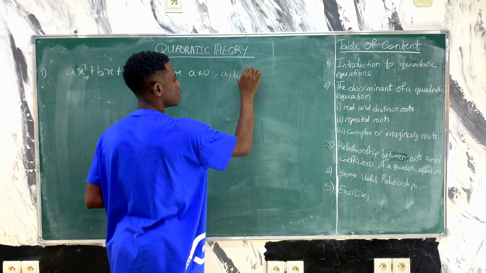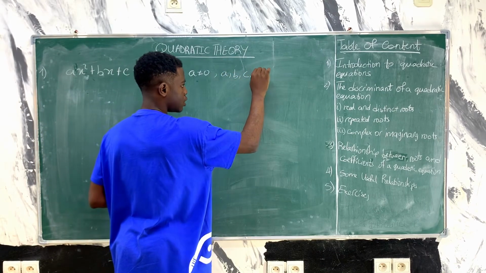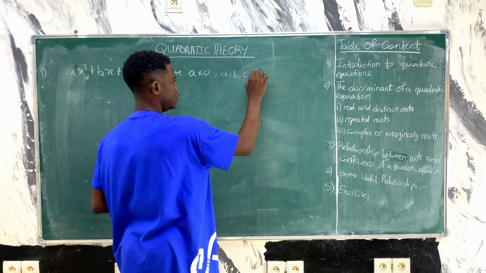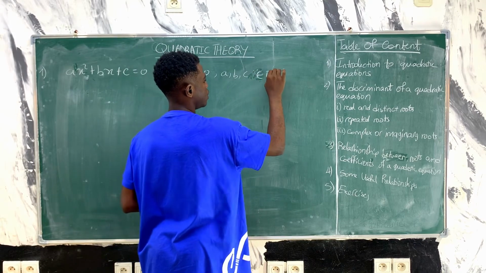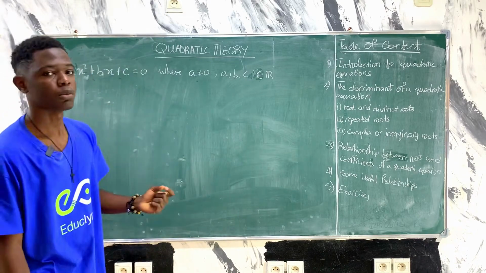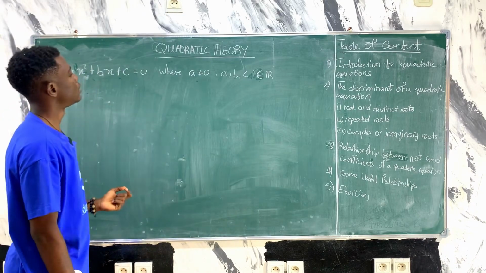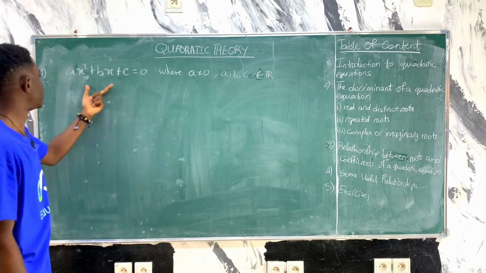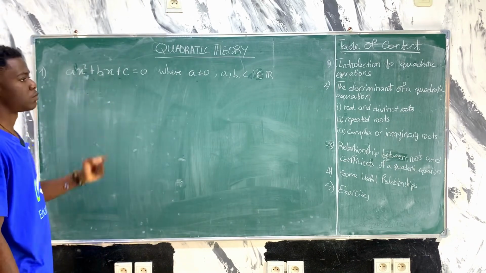Here, a, b, and c are elements of the real numbers. So a quadratic equation is any equation of this form.